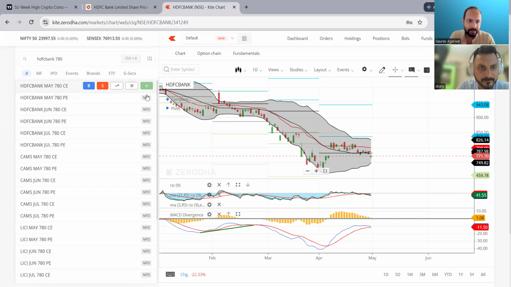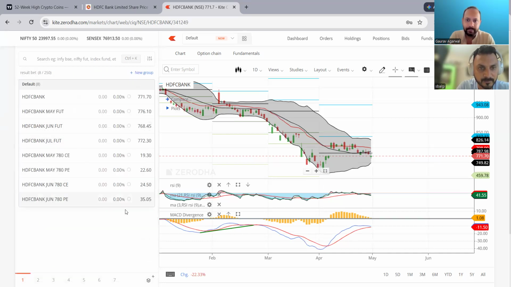So this is how it looks for options. I will add here. Similarly, we will have 750C, 750P, 740P, 740C. Like that, we will have all the strike prices. What is that 19.30?